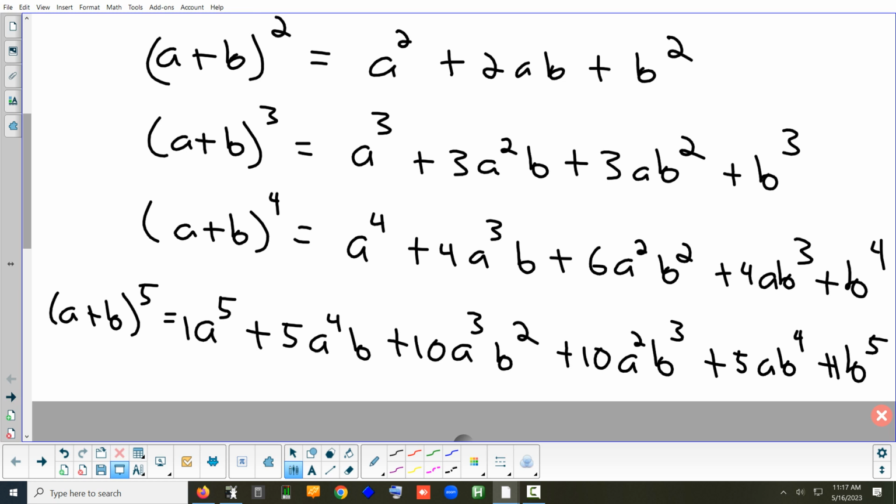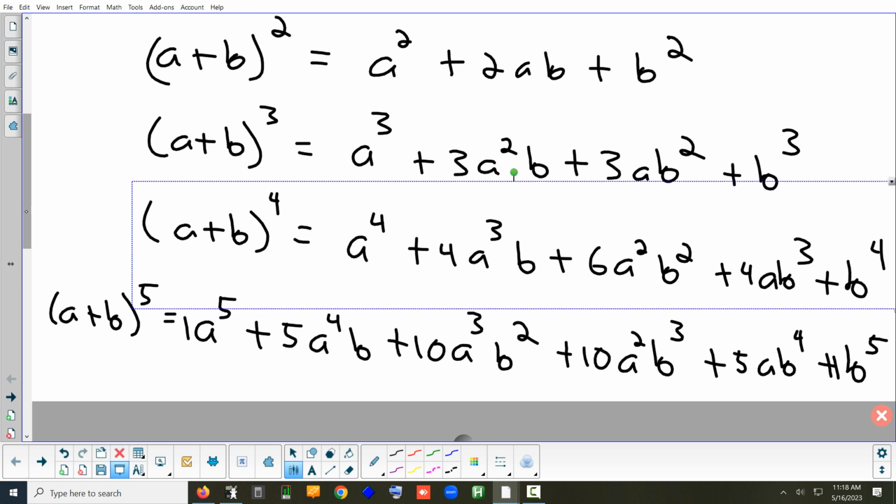Every term contains exponents and they go from highest to lowest, mark the midpoint of the expression, and then they go back to highest. All right. Can you talk about just the exponent, let's just do one letter. Talk about like on a. What happens there? The exponent on a?